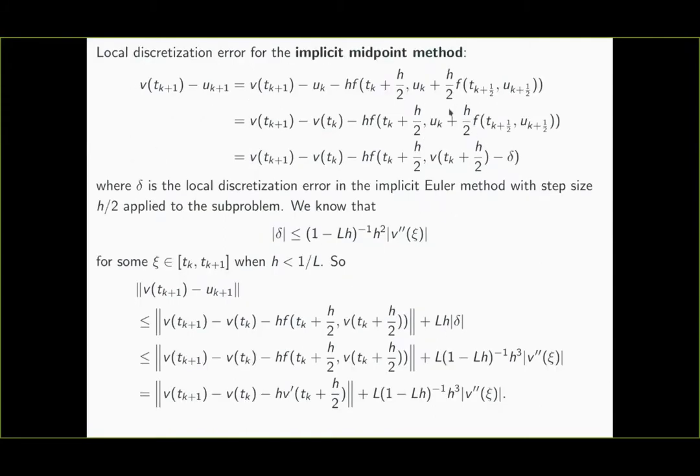Having analyzed the error for the explicit midpoint method, let's do the same for the implicit midpoint method. So again, we start with the local discretization error, v at time t_k+1 minus u_k+1.